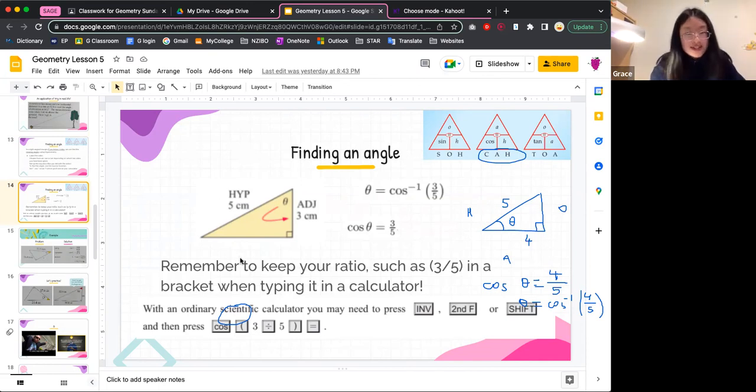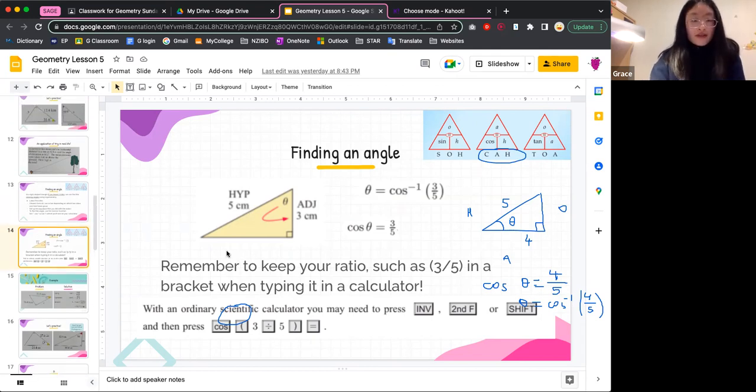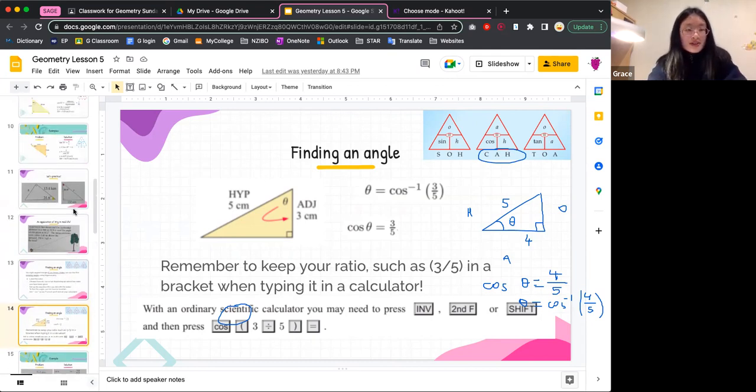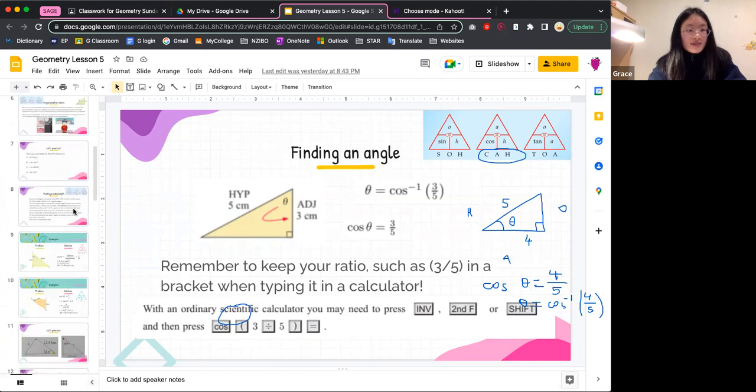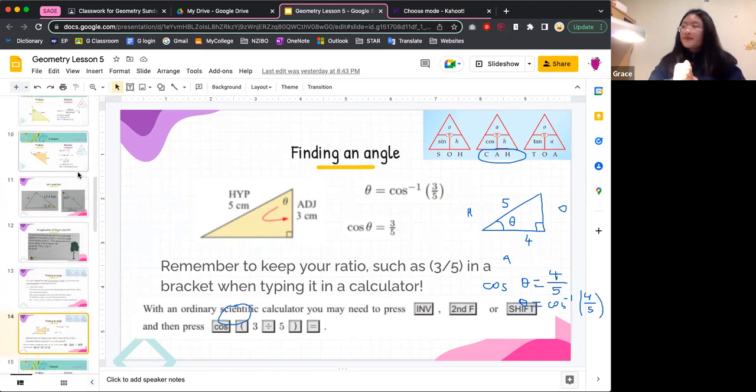Someone's asking what we did earlier in the class. I'll quickly go through. We've been doing trigonometry, which is the study of triangles with their side lengths and angles. What we've done so far is finding a side length given an angle and another side length.